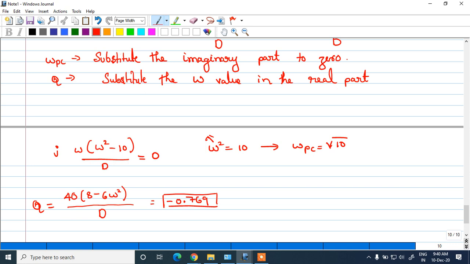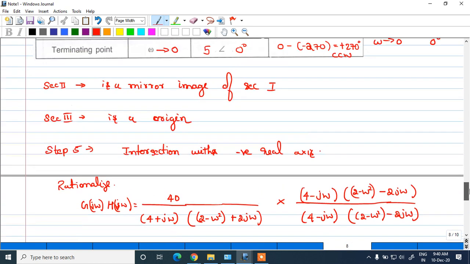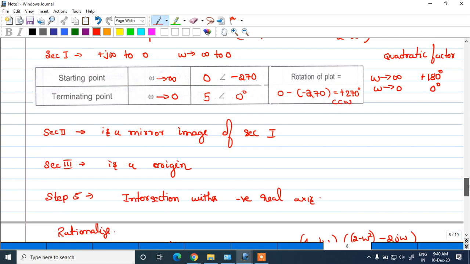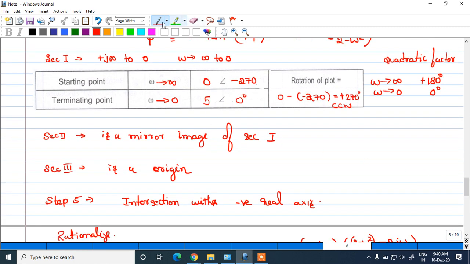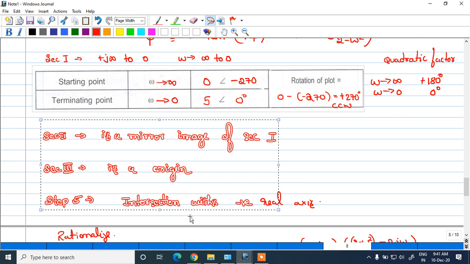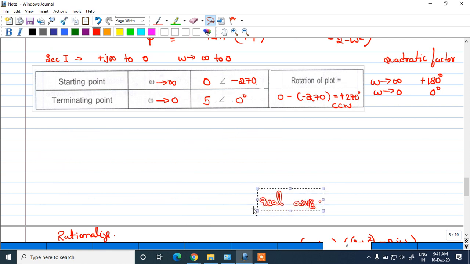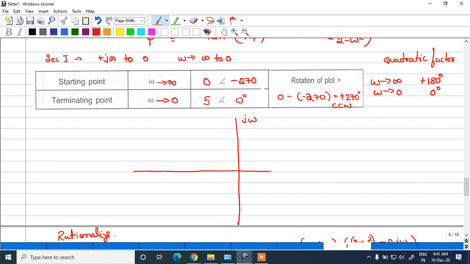Now, using the table I have to plot the graph. So I will make use of this particular area in order to draw the graph. Now, an imaginary axis j omega, and I will be having a real axis.